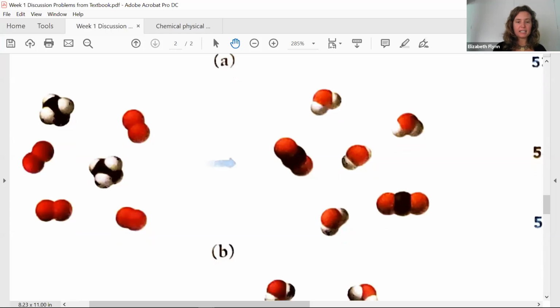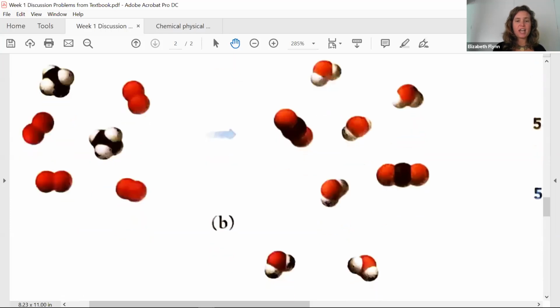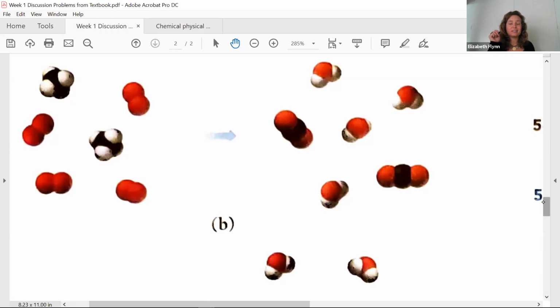Is B a chemical or physical change? And who can tell me what the name for this change is? Everybody, what do you think?